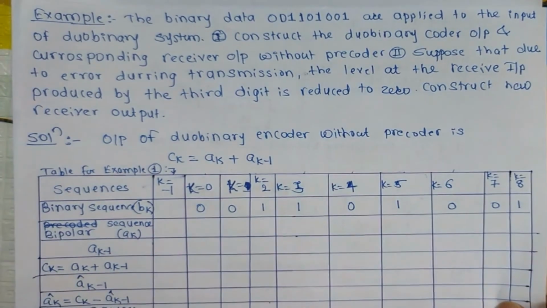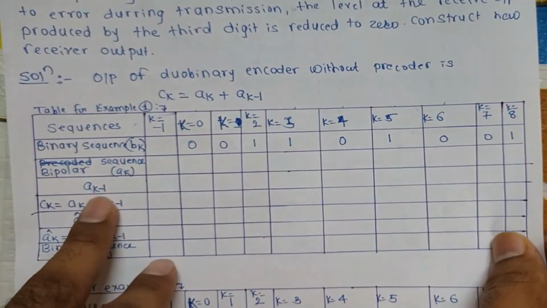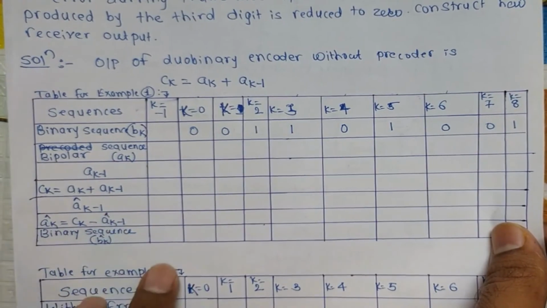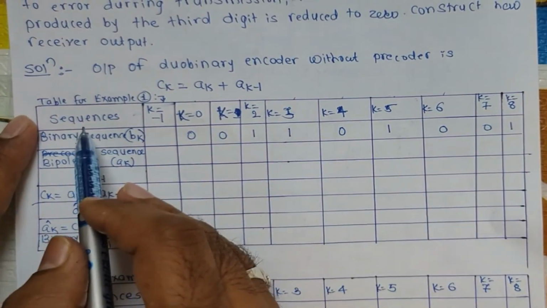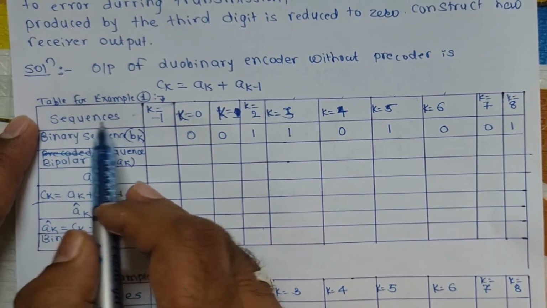So let's see one by one. First of all, the first table is for problem number 1. We can prepare a table here. The first row is the sequence.